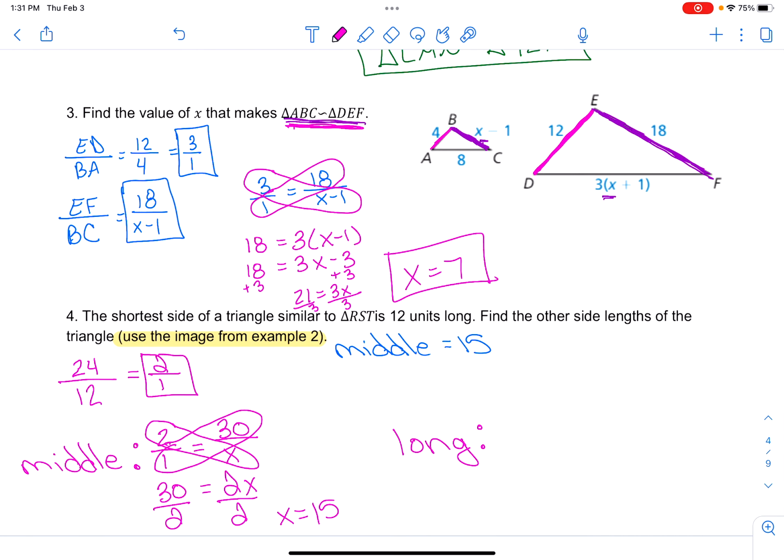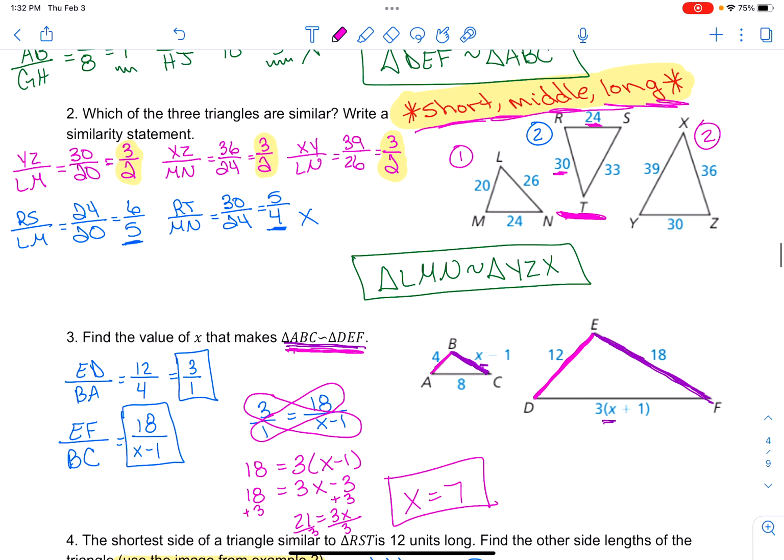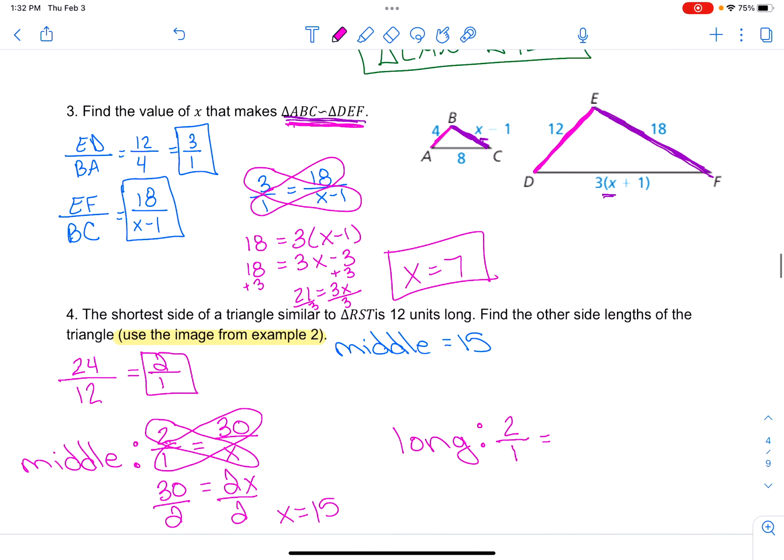And now we need to find our long side. So again, it has to be equal to this same proportion because our triangles are similar, so they are always going to have the same proportion. The longest side in RST was 33. And then we don't know the longest side for our similar triangle.